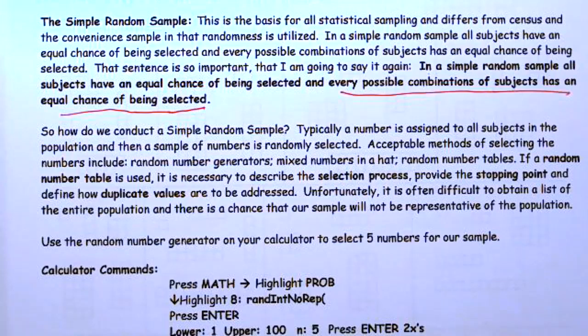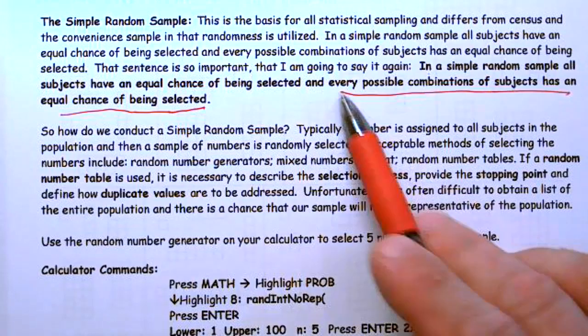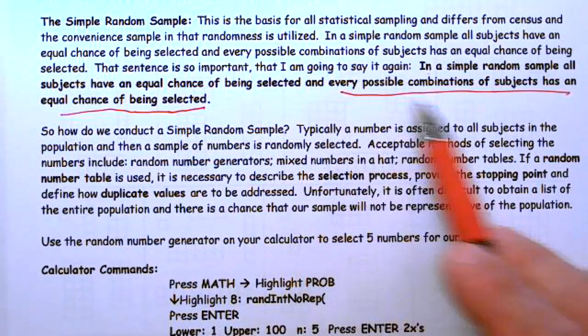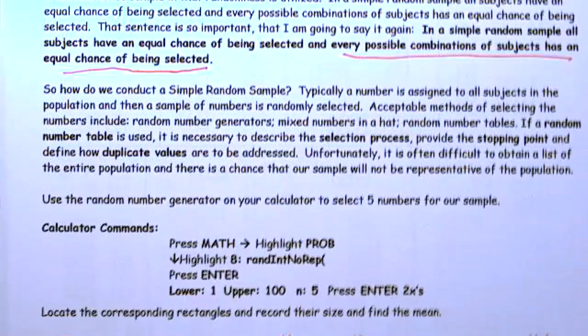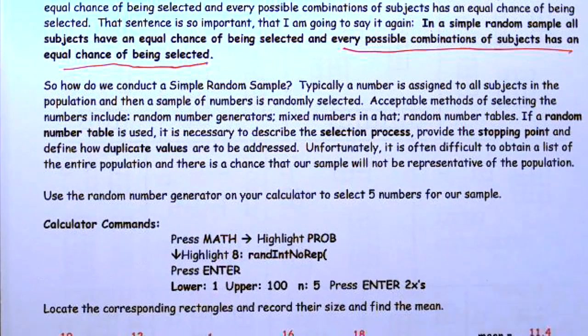There is only one simple random sample. They're not multiple types. The only type of sample that says every possible combination has an equal chance is a simple random sample, all right? So simple random sample is kind of the starting point.